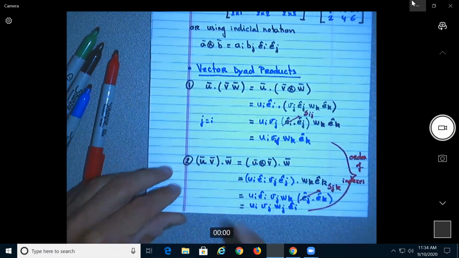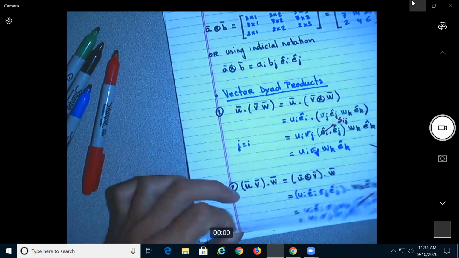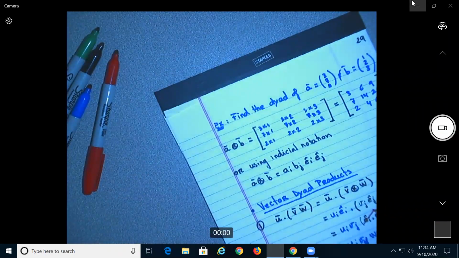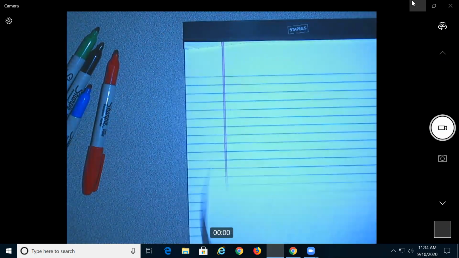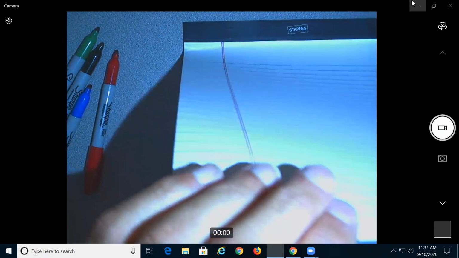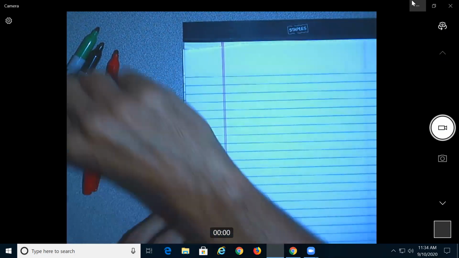All right, so 1, 2, 3. Now what happens if instead of the dot product, you do the cross product between a vector and a dyad? All right, so three.